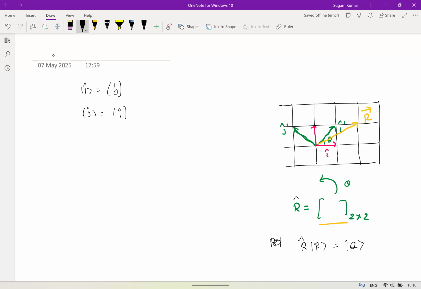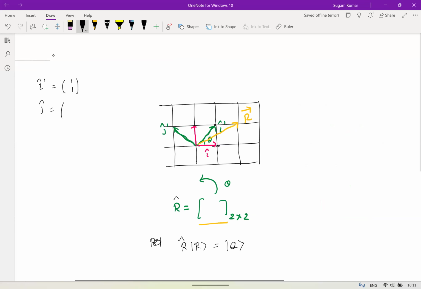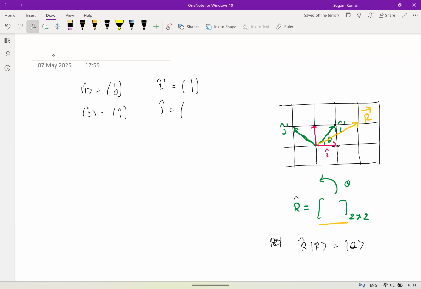But if you look at I dash, what is it? It is one unit in the X and one unit in the Y, so (1, 1), correct? And look at J. J dash is nothing but (-1, 1), sorry, X is in the minus direction.